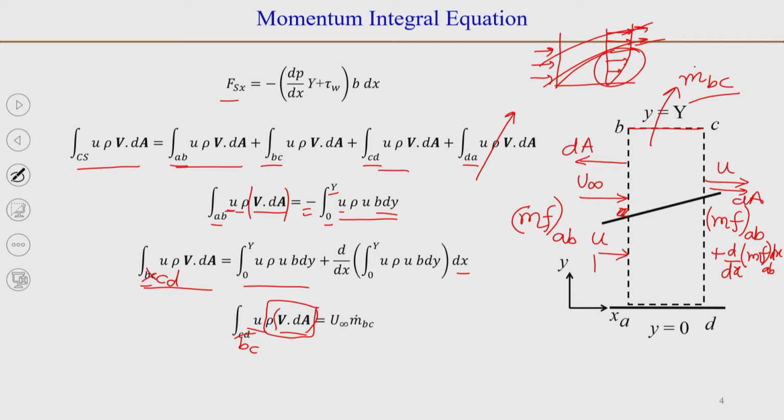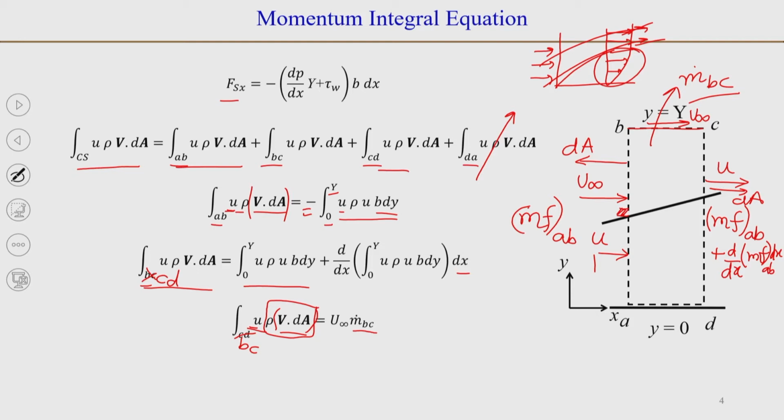So, rho v dot dA is the mass flow rate through the surface BC, and because this region is in the outer region, the velocity here will be u infinity. So, u is equal to u infinity. Now, remember these coordinates are in terms of the boundary layer. If it is a flat plate, then x is along the flat plate.